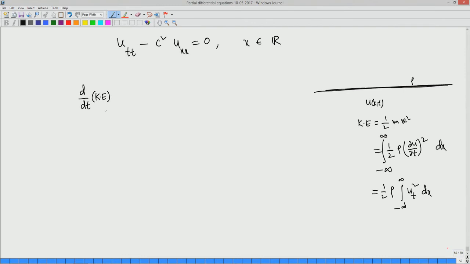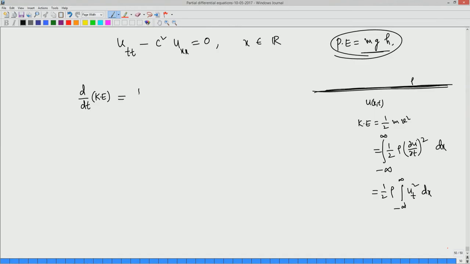I do not know how to find the potential energy exactly, so we will define a potential energy that is equivalent to this. So how do we do this?